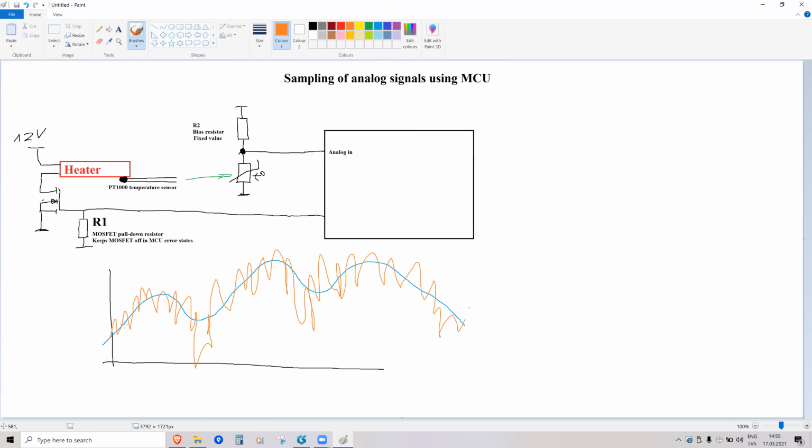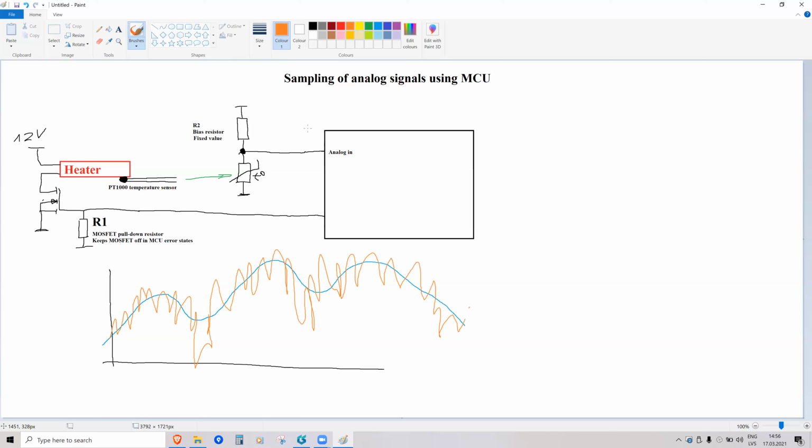The car has a motor which is spinning at, I think, something like 1,000 revolutions per minute. So there would be this one component imposed on the signal, maybe some other noise sources.